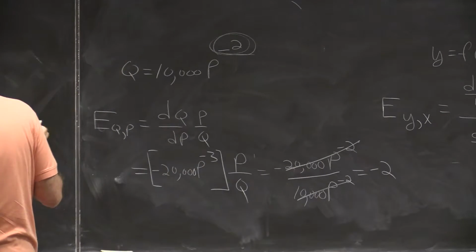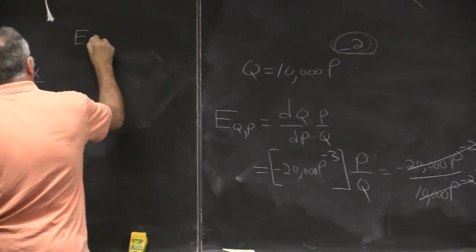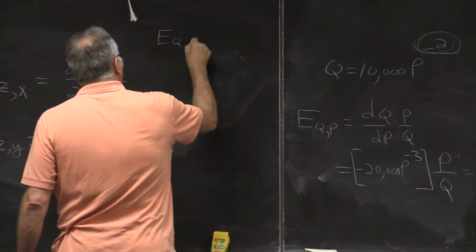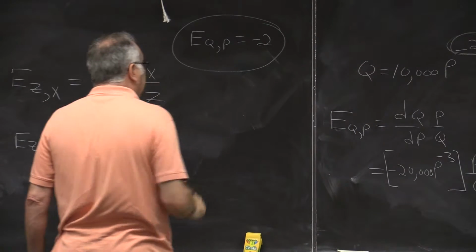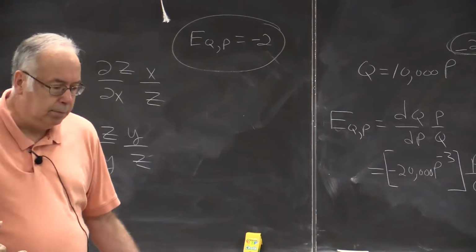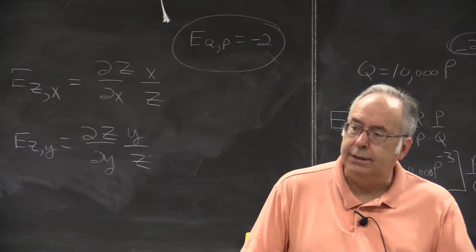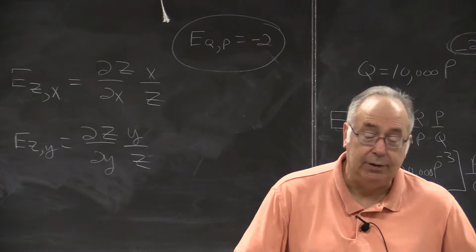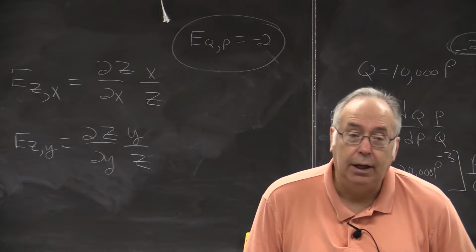Let's talk about the meaning of this in words. Suppose the price elasticity of demand is minus 2. And suppose you want to go home tonight and explain that to your spouse, if you have a spouse or a friend. What did you learn today?